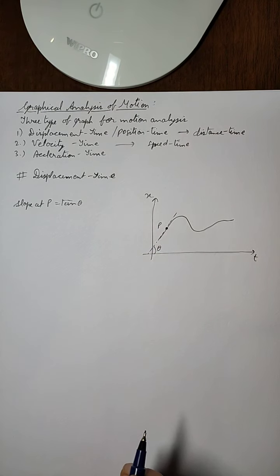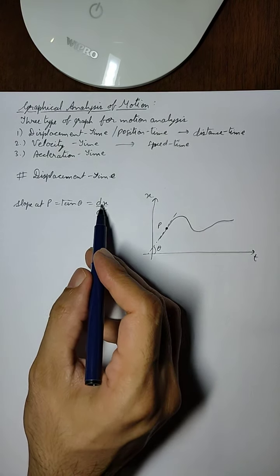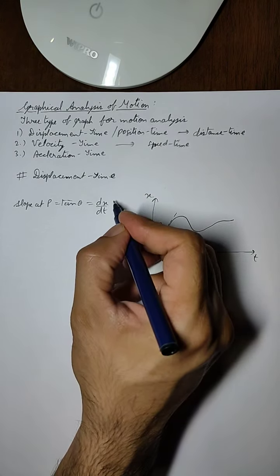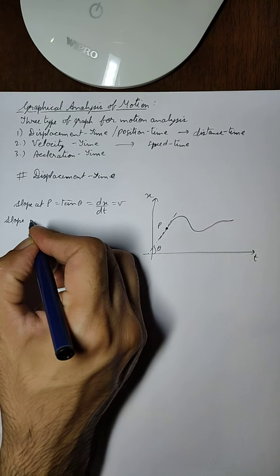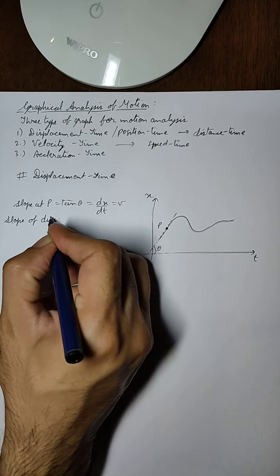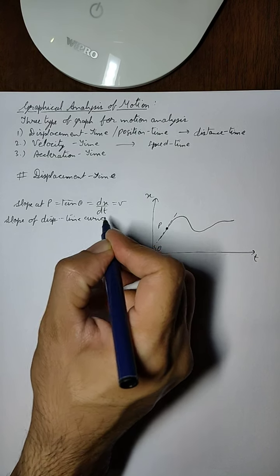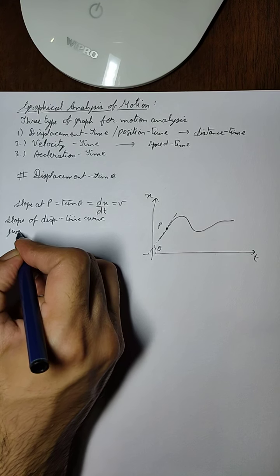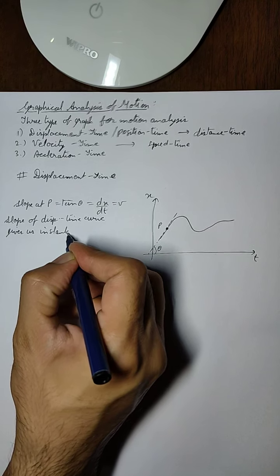And as we have studied in the topics of differentiation, this tan theta will be equal to dx by dt. Now we also know that dx by dt is equal to velocity. So this means that slope of displacement time graph gives us the value of instantaneous velocity.